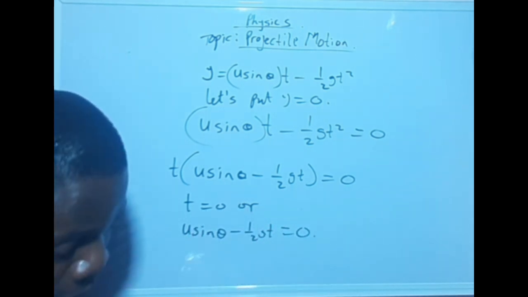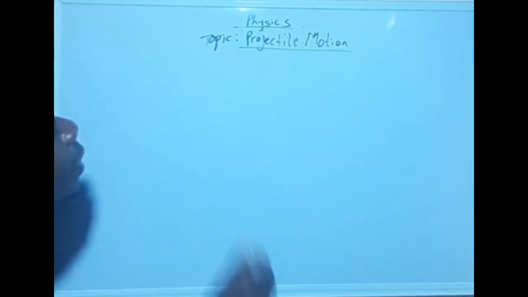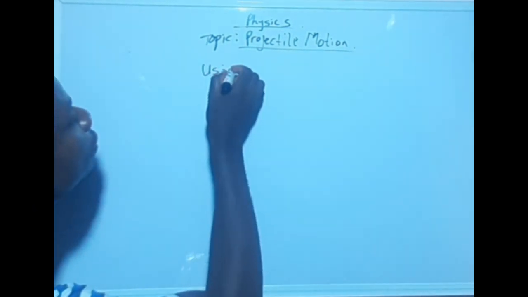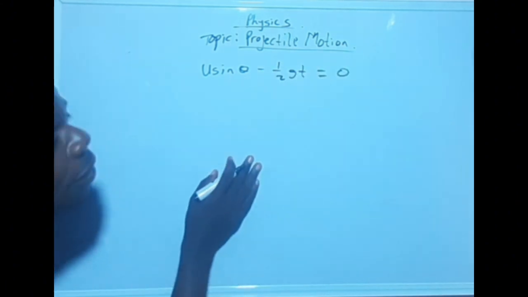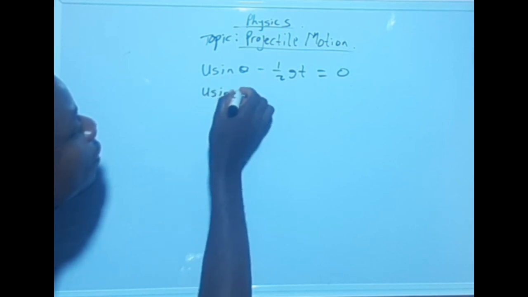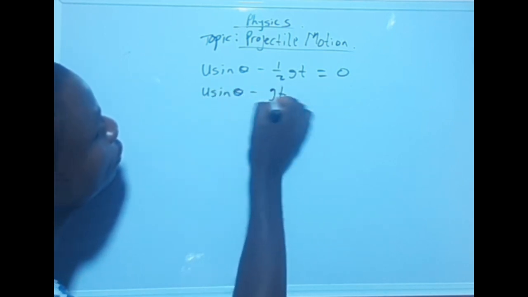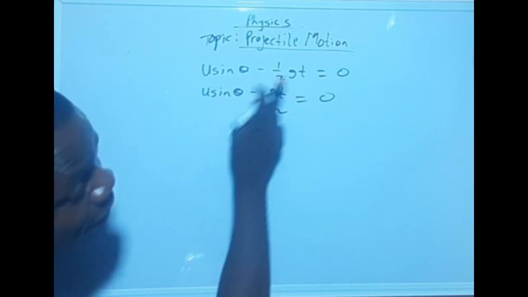Now let's write. We say either U sine theta minus half g T equals 0. This expression can also be written as U sine theta minus gT over 2 equals 0.